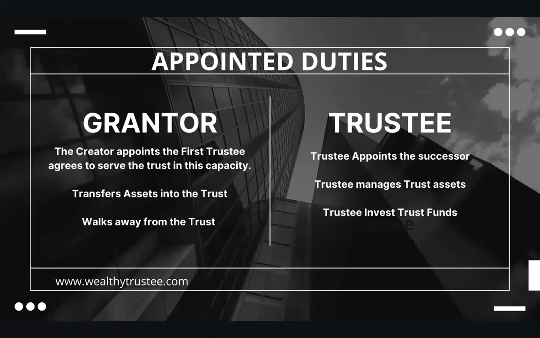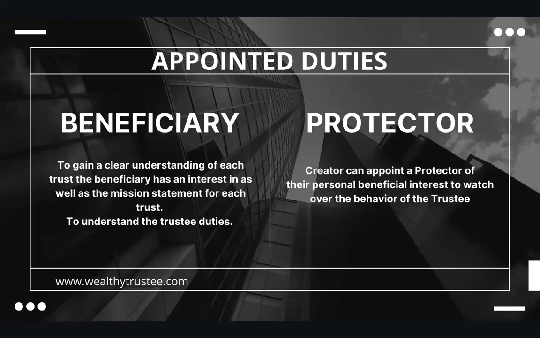So you have to share the trust documents with them. They have to understand all of the trustee powers in order to be able to manage the trust and to have this position, okay? So that's the position you want if you want full control over your trust.